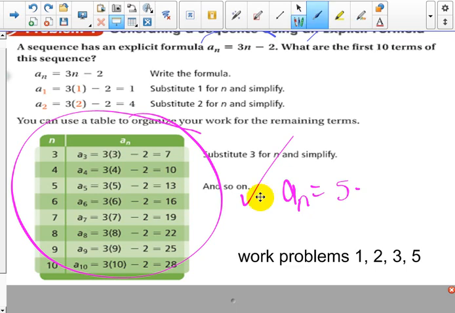Well, then you would just say, okay, for the first element, a sub 1 equals 5 minus 1 squared. 1 squared is 1, 5 minus 1 is 4. So you just go ahead and work it.